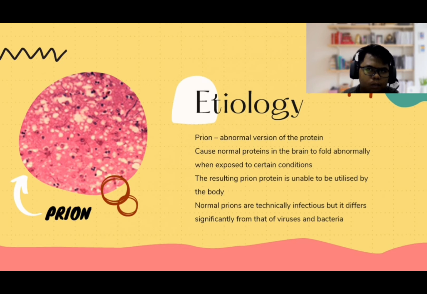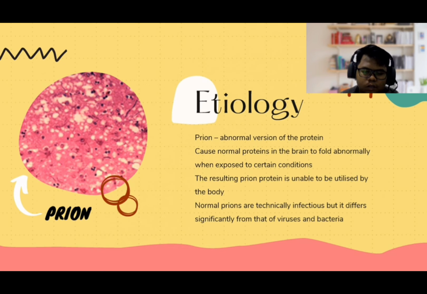So, what causes this fatal disease? For your information, CJD is caused by abnormal versions of a protein known as prion. We can see the image of prion on the left side of the slide.